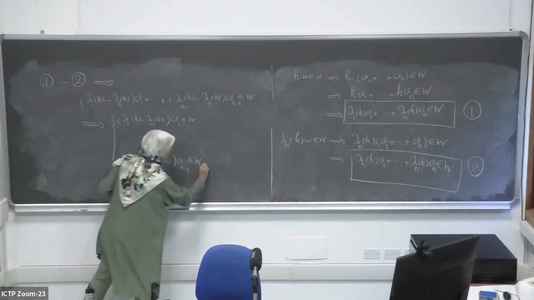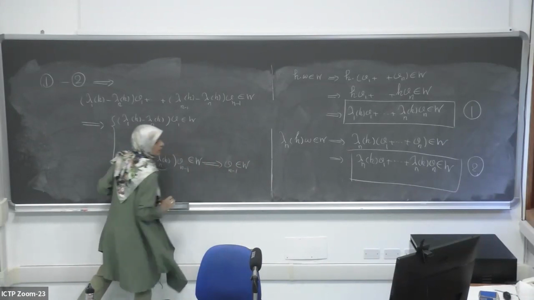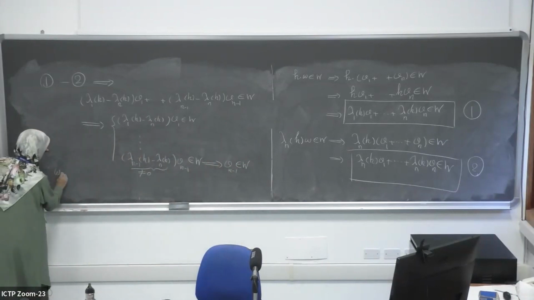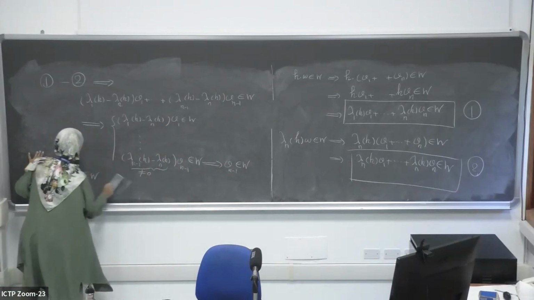And then we get that v_{n-1} is an element of W. And now, w minus v_{n-1} is an element of W.